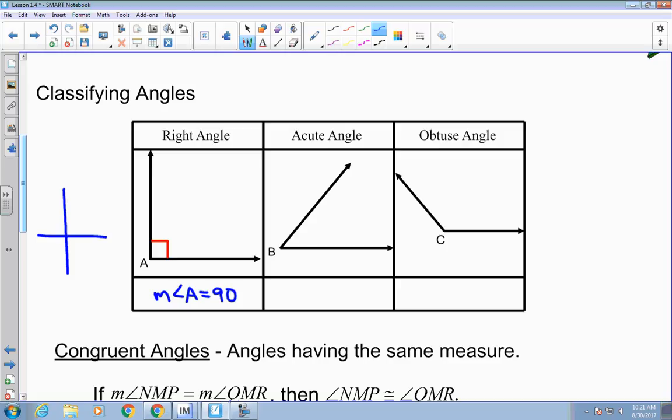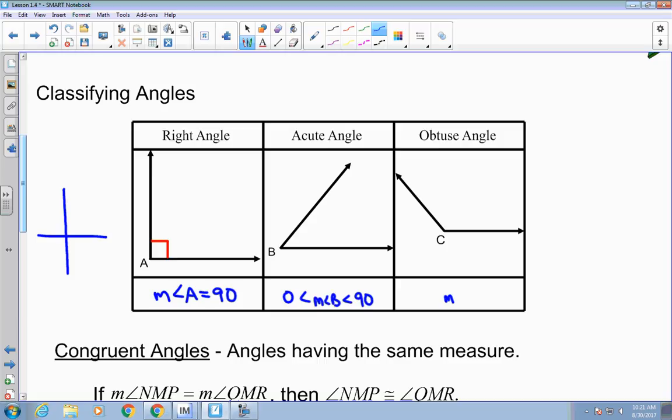An acute angle is smaller than that. It has a range of values. And so an acute angle, angle B, is greater than 0 degrees and less than 90 degrees. Did you measure it? Is it 50? Okay, good. So it has a range of values between 0 and 90. And then your obtuse angle is your bigger angle. I think that kind of is an obtuse angle.